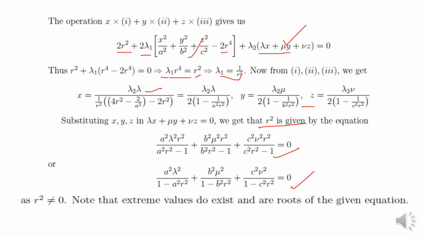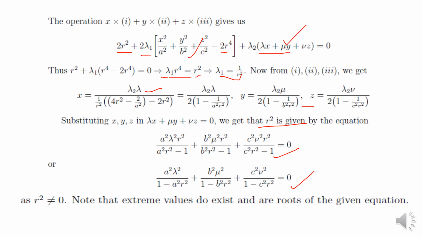and when we differentiate it, it gives twice x dx upon a square plus 2y upon b square dy plus 2z dz upon c square is equal to this, the right hand side. Now the left hand side is r square whole square.